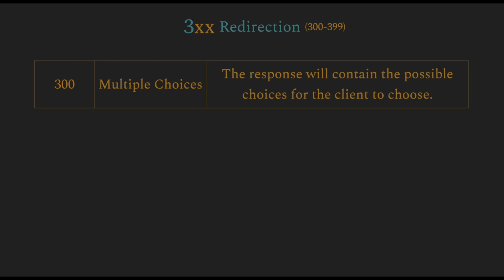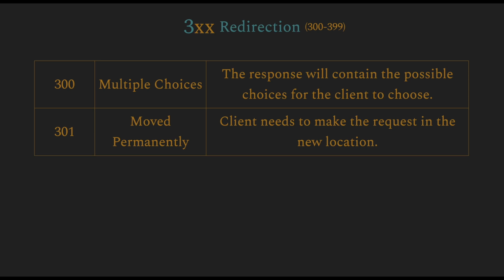So let's look at once again a few examples. The redirection is 300 to 399, so 100 values. We will just look at a few examples. 300 means that there are multiple choices available, so it could be users Alice or API v1 users Alice, etc. So there could be a bunch of options, and the client can choose between these options. 301 means that the item has been moved permanently, so all future requests the client must make to the new location. 302 means that the item was found.